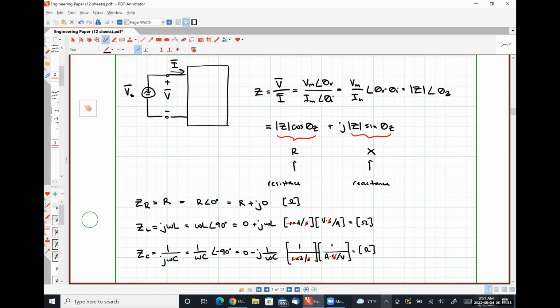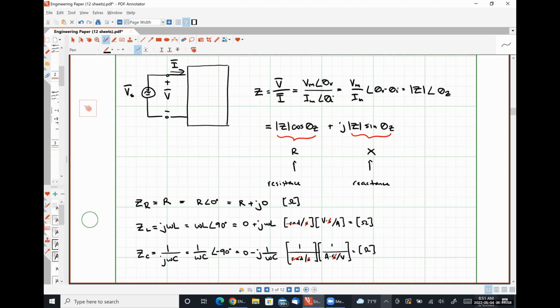Another thing that's maybe a little more subtle is that the impedance of a resistor is independent of frequency, meaning the resistor value is the impedance. It doesn't matter what frequency we're operating at. The impedance of a capacitor and the impedance of an inductor, however, are frequency dependent.